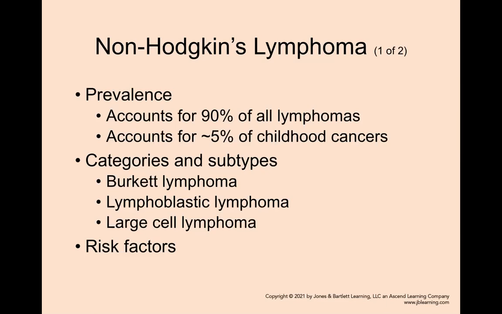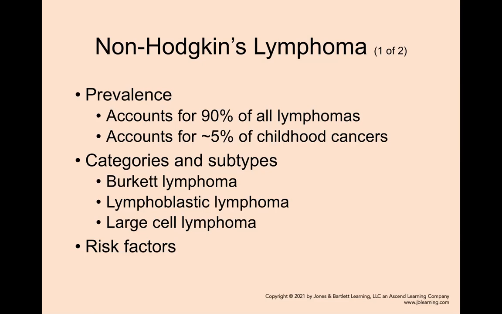Non-Hodgkin's lymphoma is basically the other kind. It is more common in middle-aged and obese adults. Non-Hodgkin's malignancies are derived from mature B cells or T cells or their precursors.